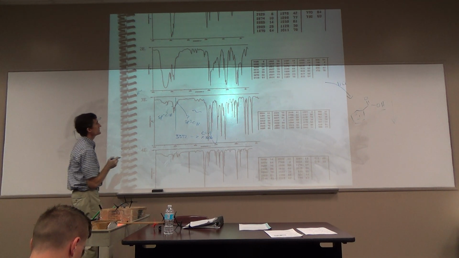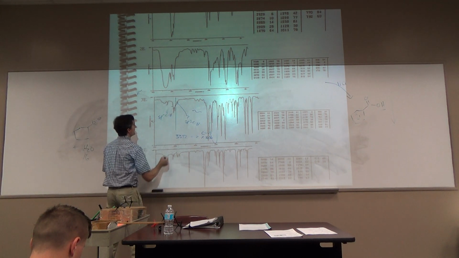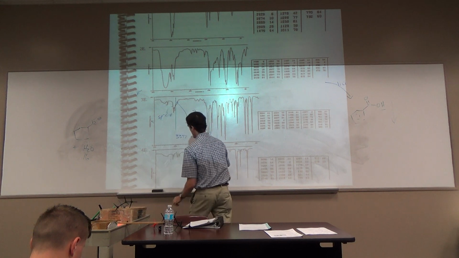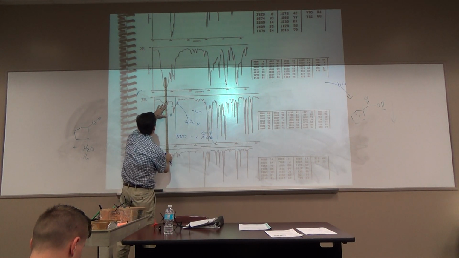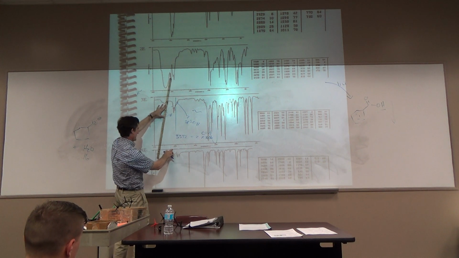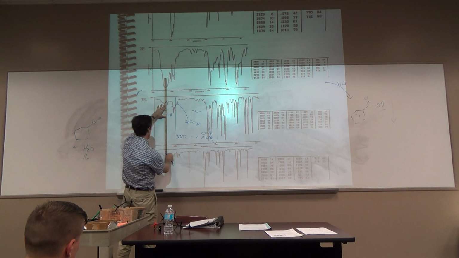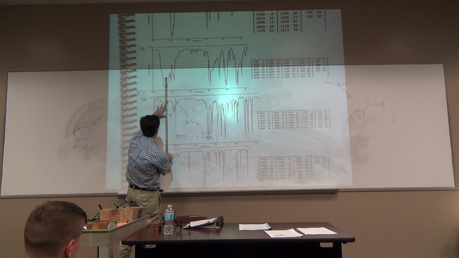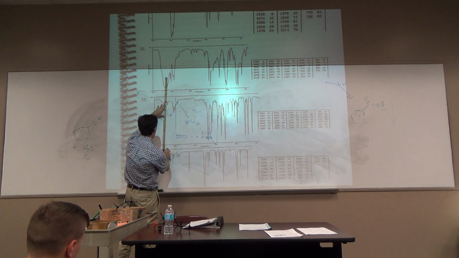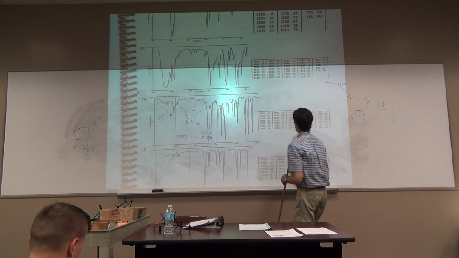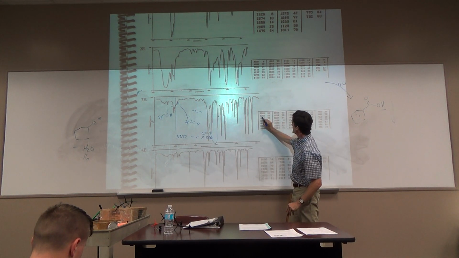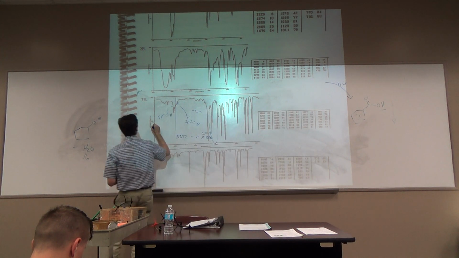Okay. Minus a touch. Where is this peak at here? One, two, 3. It's between 3300 and 3400. I can't read that. Is that 3352? Yeah. I think it's 3352.